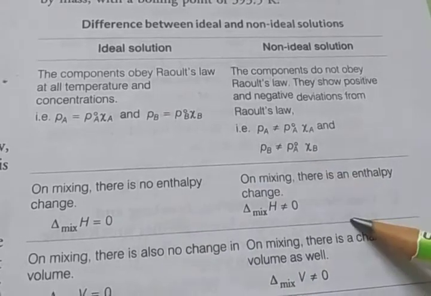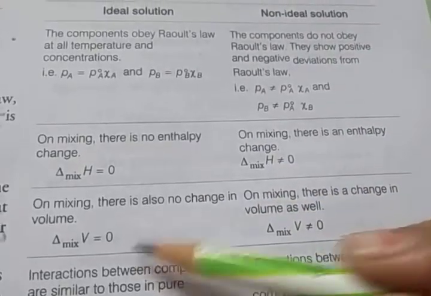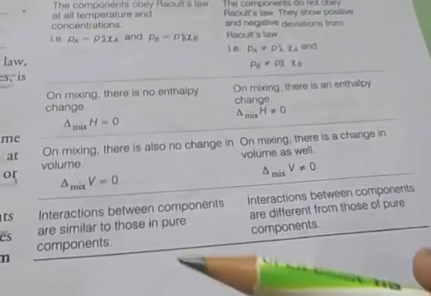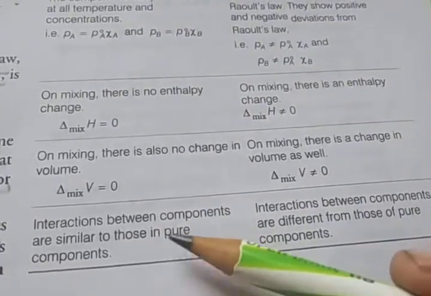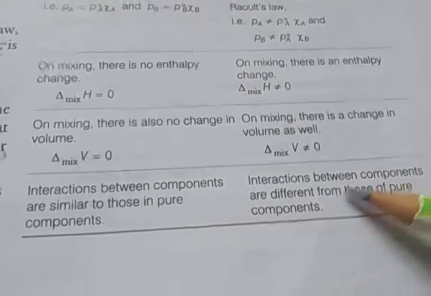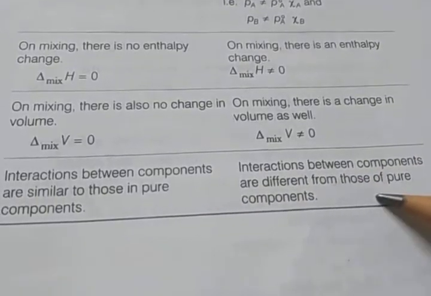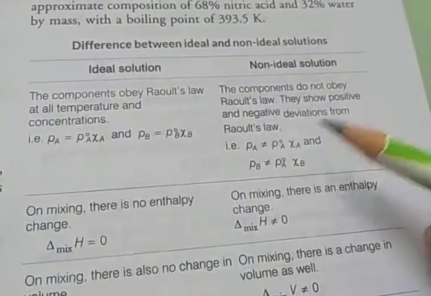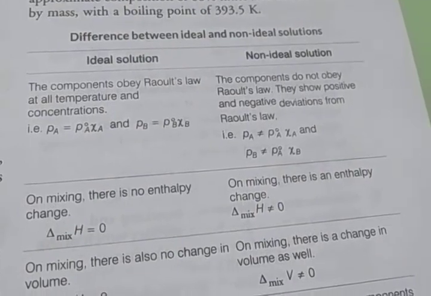Volume change is also 0 in an ideal solution but not 0 in a non-ideal one. In an ideal solution, interactions between components are similar to those in the pure components, but in a non-ideal solution they are different from those of the pure components. So this is the main difference between ideal and non-ideal solutions.